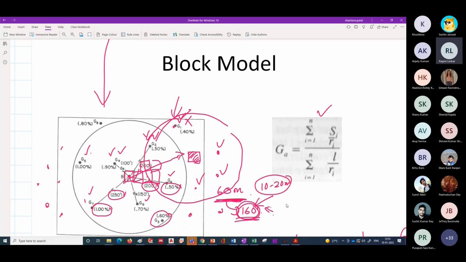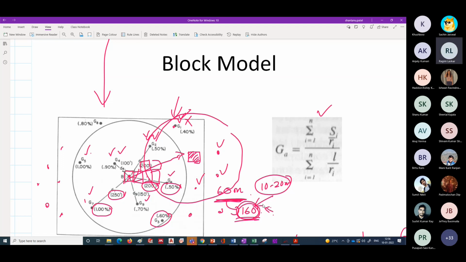It depends on what kind of deposit it is, and how easily it changes the grade. Actually, I am not an expert in this. If you take a mine planning course, you'll study it. But the basic concept is this: it depends upon how quickly your grade is changing, and you define that radius based on that.